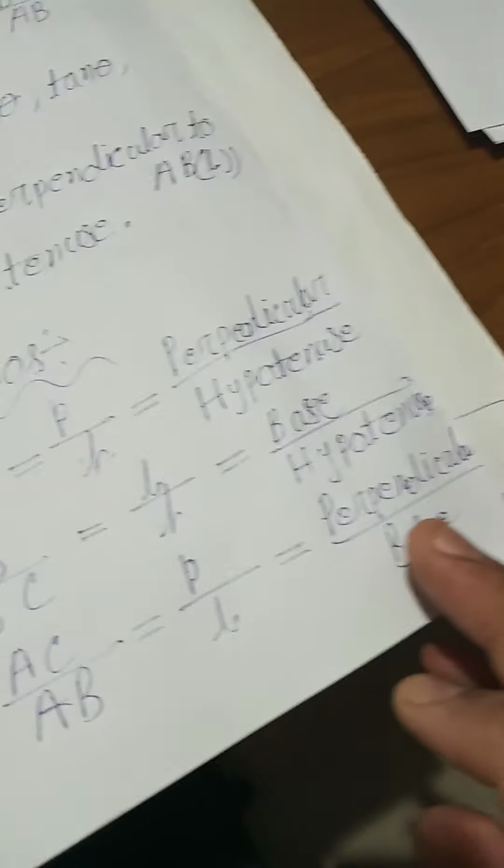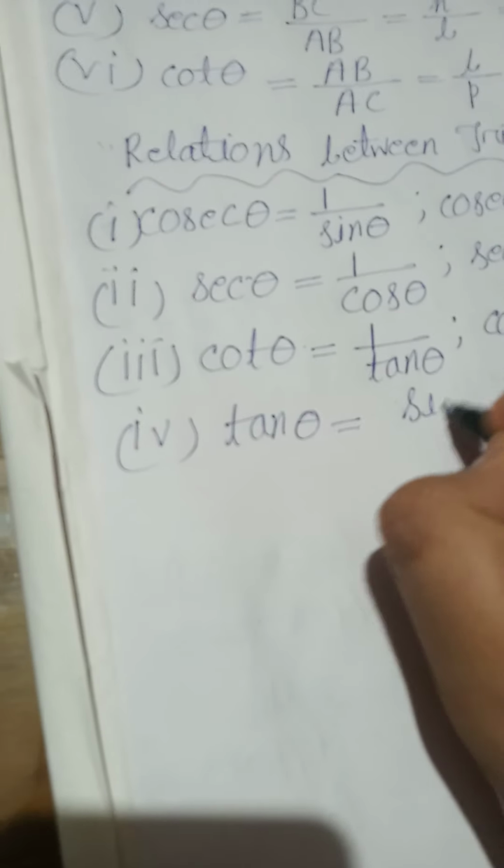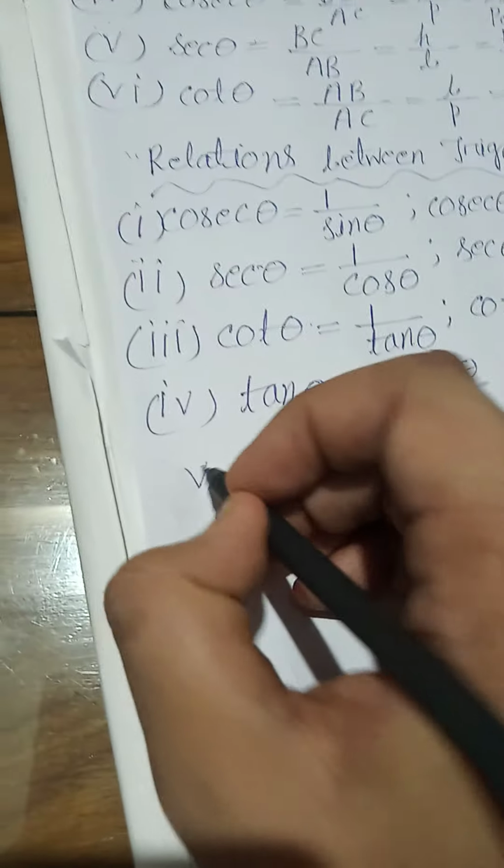Number 4, tan theta. Tan theta means perpendicular by base, which means sin theta by cos theta. And number 5 is cot theta.